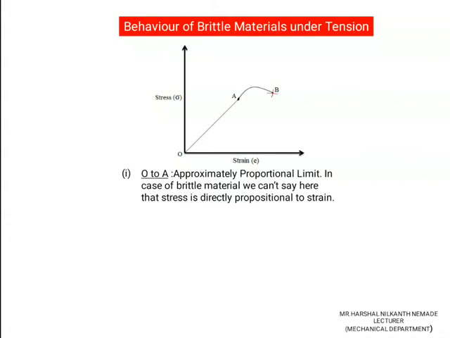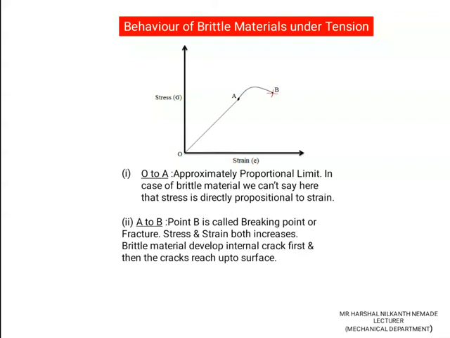What happens when we pull the brittle material? First it forms a crack in the material and directly it breaks. It doesn't give any neck formation in the material. In brittle material we don't get any neck formation.